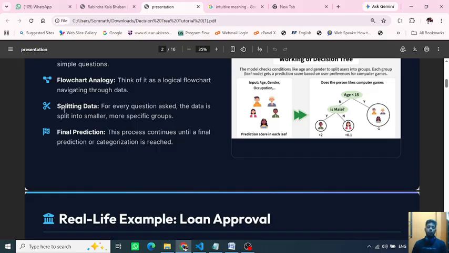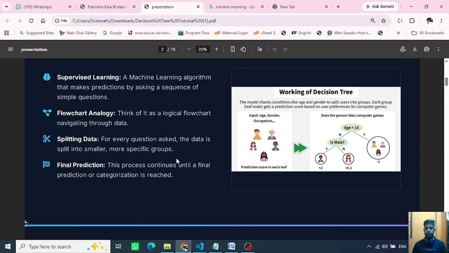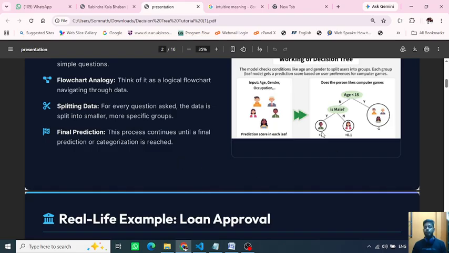That means for every question asked, the data is split into smaller, more specific groups, right? This process continues until a final prediction or categorization is reached. Here you can see I have shown only two steps, and the number of steps can increase.